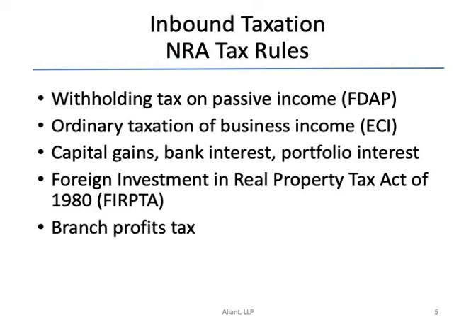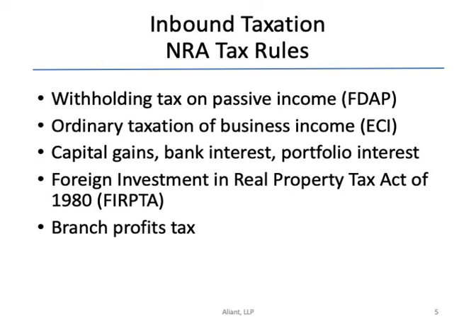And finally, the branch profits tax. The branch profits tax provides that if you have a foreign corporation that is operating a U.S. trade or business directly, it is subject to a second level of tax. The second level of tax is intended to replace a tax on dividends that would have applied had a foreign corporation operated its U.S. trade or business through a U.S. subsidiary corporation. So imagine you have a U.S. subsidiary corporation that makes money, gets taxed, and then declares and pays a dividend to a foreign parent.